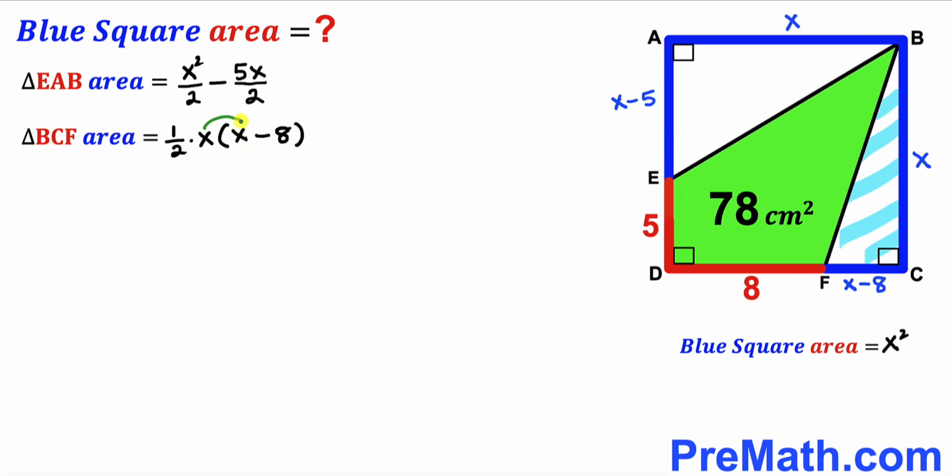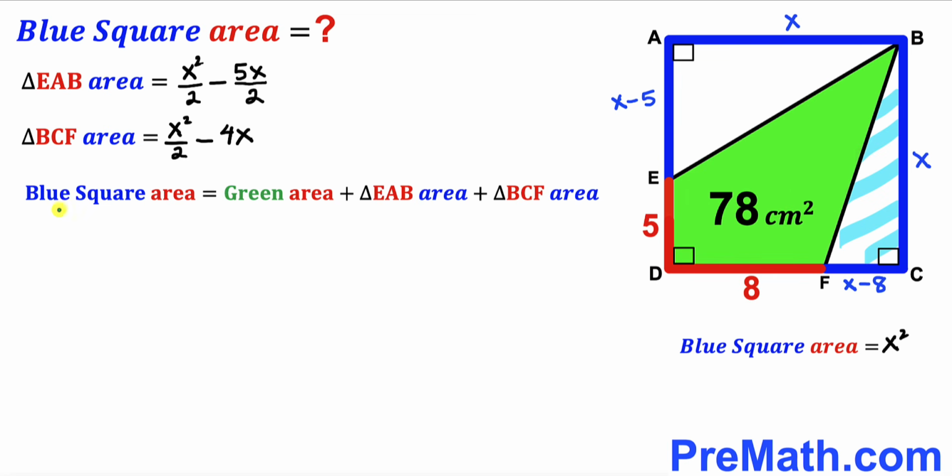Now we distribute, and we get x squared divided by 2 minus 4x. Thus the area of triangle BCF turns out to be x squared divided by 2 minus 4x.